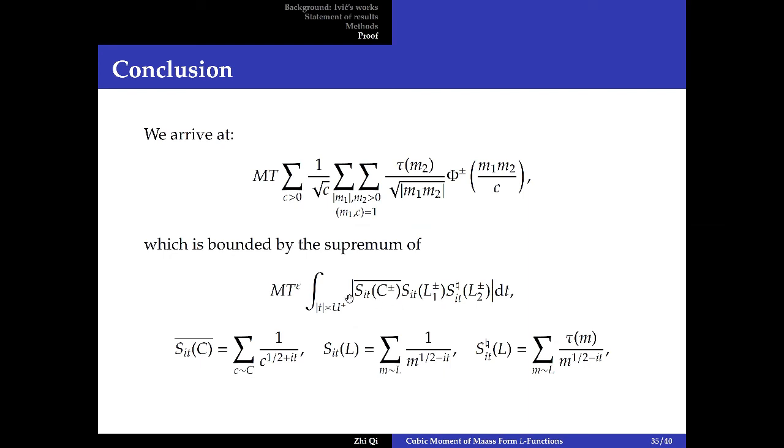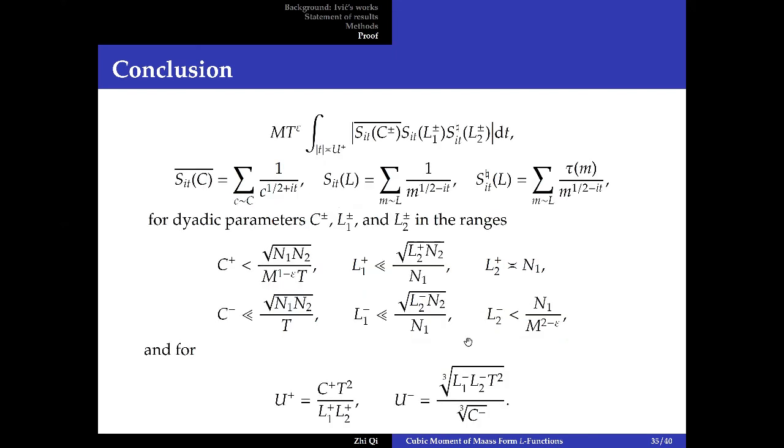And then we arrive at this expression. Here you have the C sum, M1 sum, M2 sum, and they correspond to this SC and SL and S natural L. They are defined essentially by this kind of Dirichlet polynomial. Now what we do is a dyadic partition.